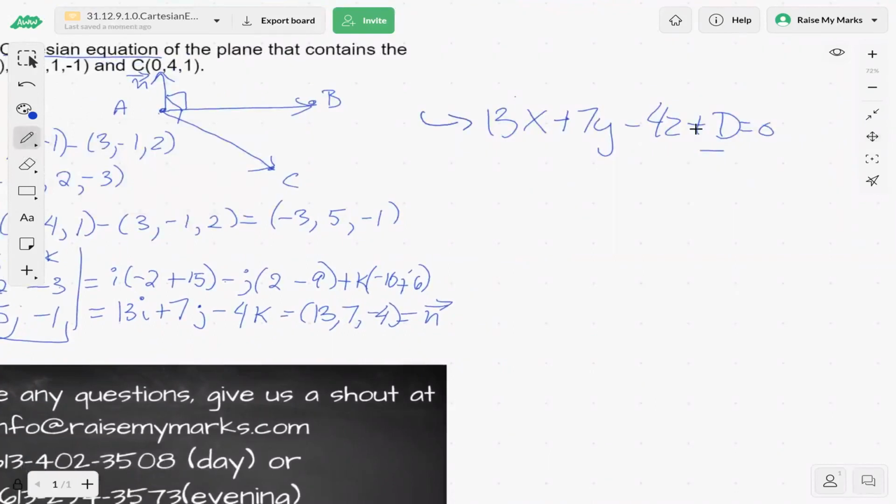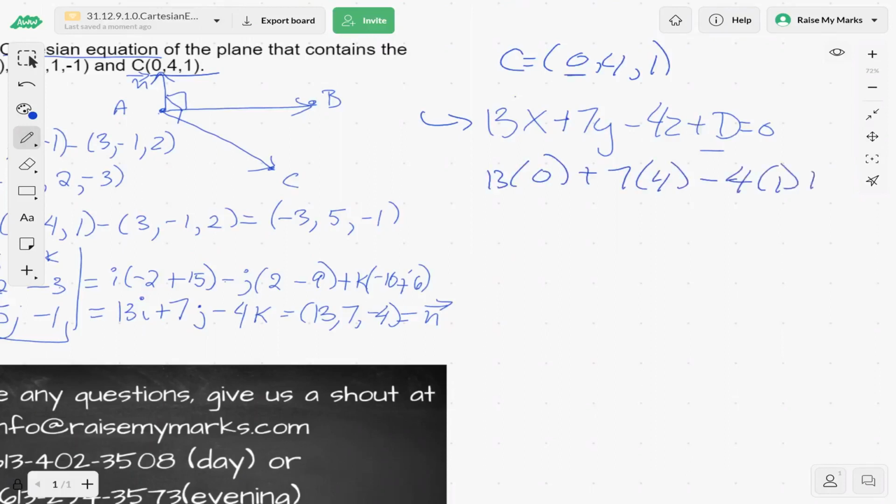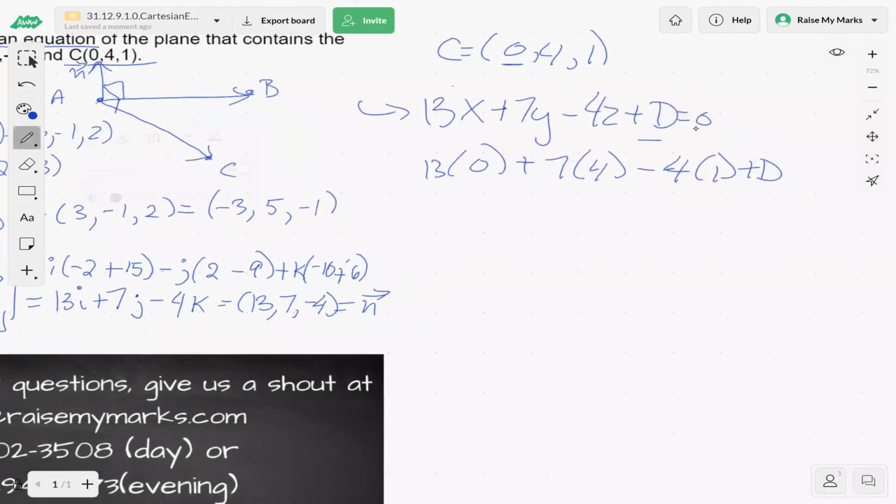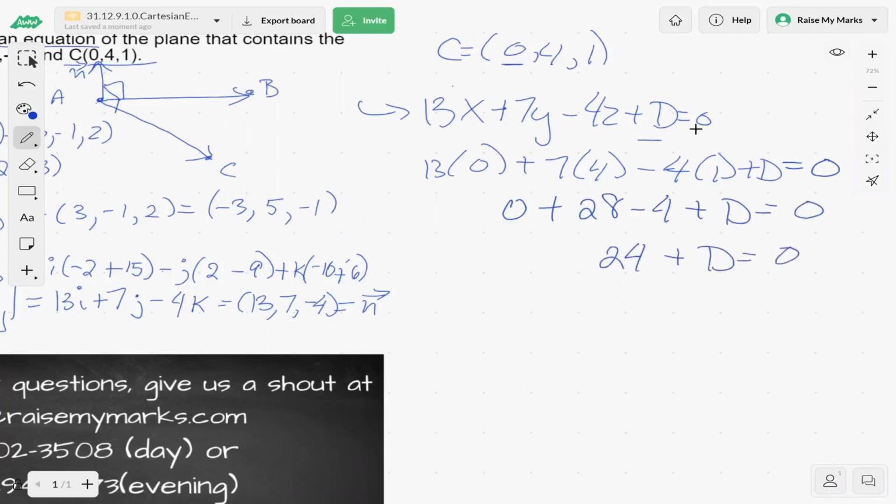Let's use C. I chose that because we have 0 as one of the coordinates. So we have 13 times 0 plus 7 times 4 minus 4 times 1 plus d equals 0. So we have 0 plus 28 minus 4 plus d equals 0, so 24 plus d equals 0, or d equals -24.